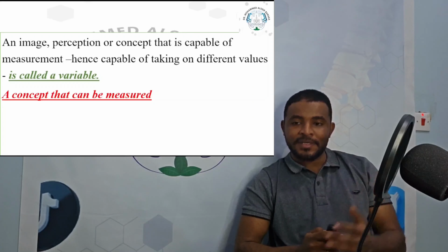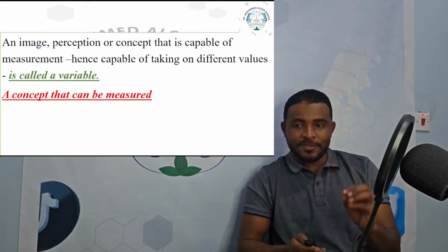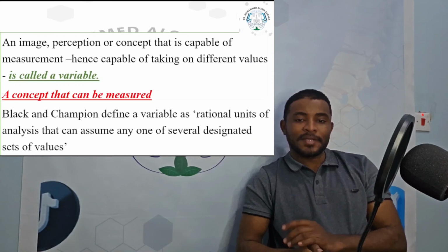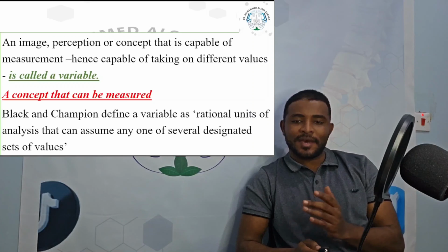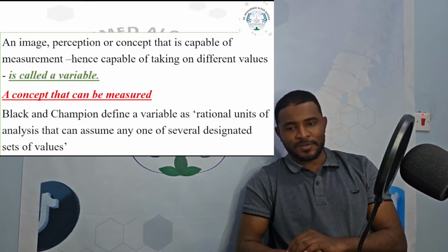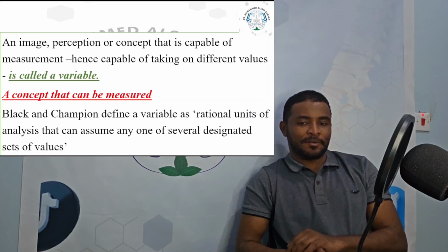Also, this is another definition: a variable is a concept, but this concept can be measured. As simple as that. Last and Champion define a variable as rational units of analysis that can assume any one of several designated sets of values. This is a simple definition of a variable.